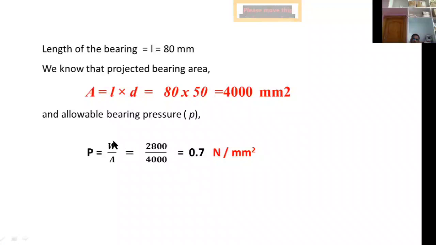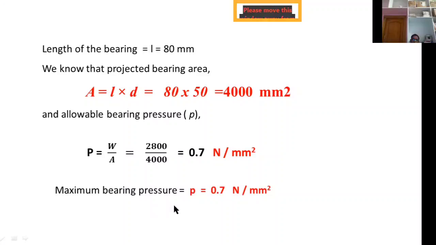The load on journal, load on bearing equal to 2800. This value is given, and the projected area of the bearing is obtained from this equation, that is 4000. You have to substitute this value, and finally you got the bearing pressure equal to 0.7 Newton per mm square.